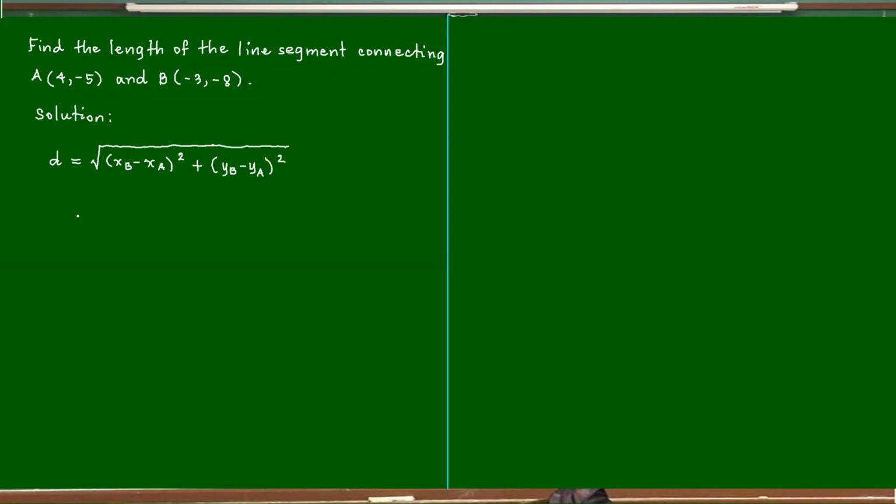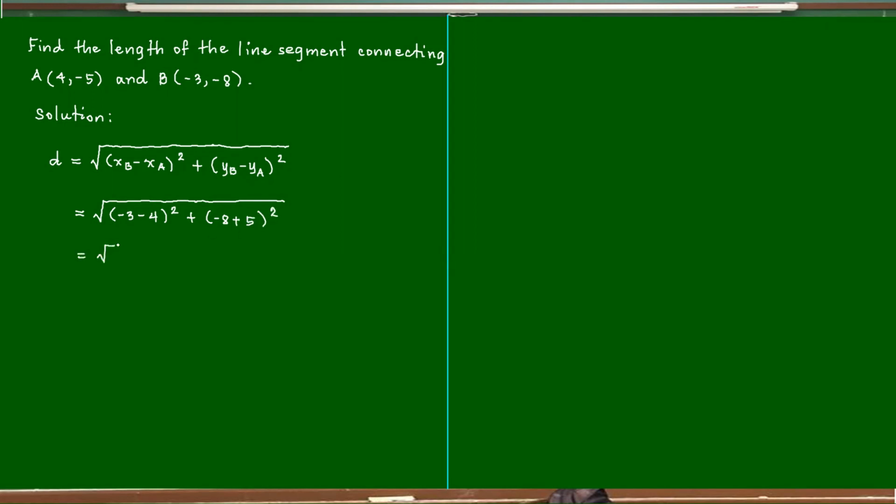So substituting these values respectively, we get (-3 minus 4) quantity squared plus (-8 minus -5), so it is now plus 5, right? So quantity squared.